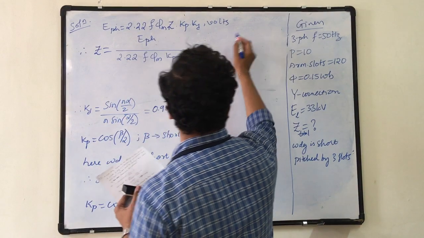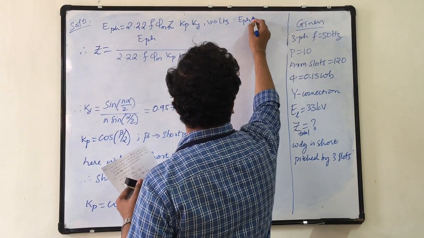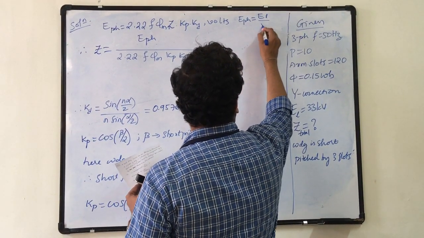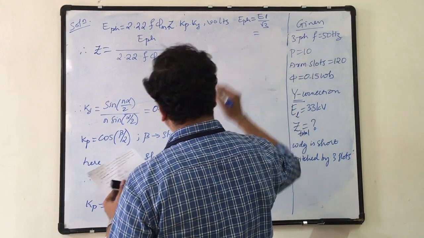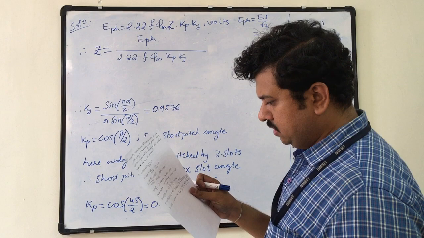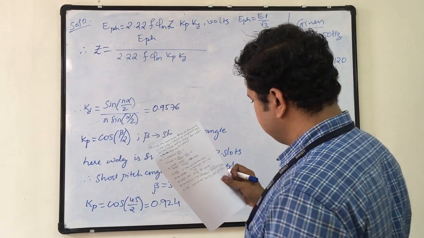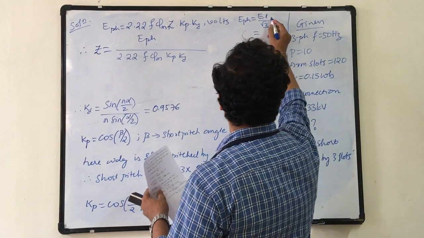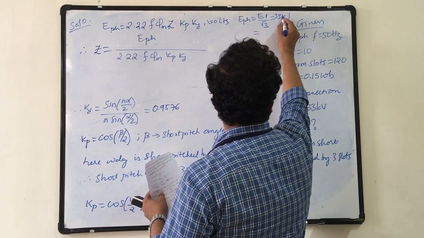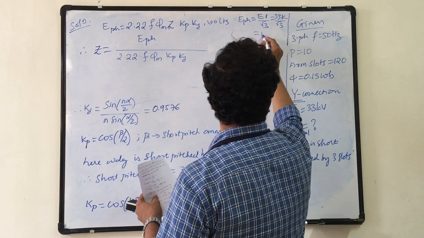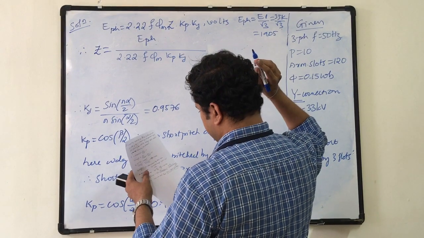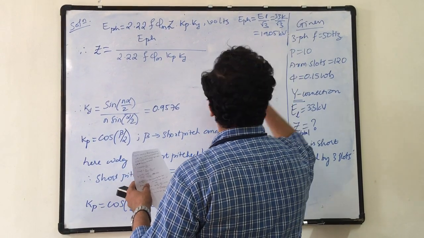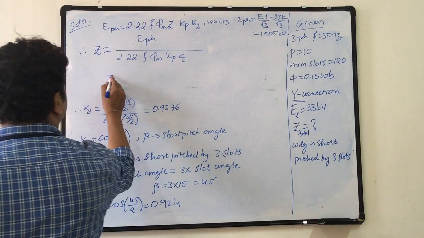EPH is EL by root 3 because it is star connected. So EPH is 33 kV by root 3, which will be 19.05 kilovolts.